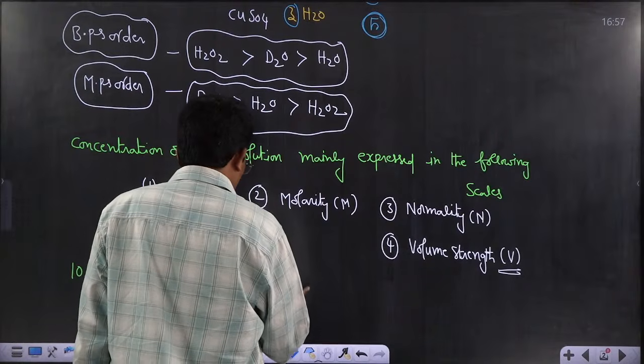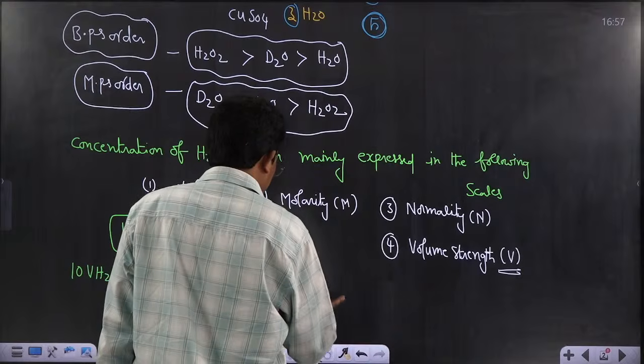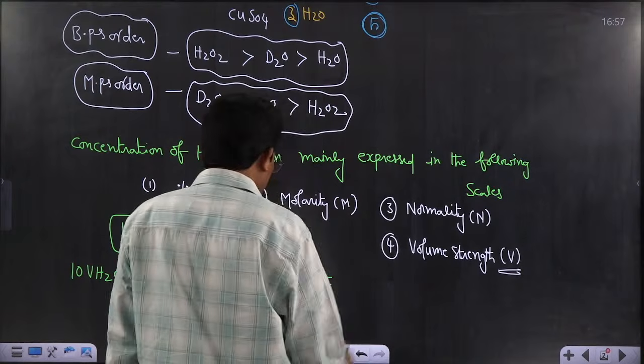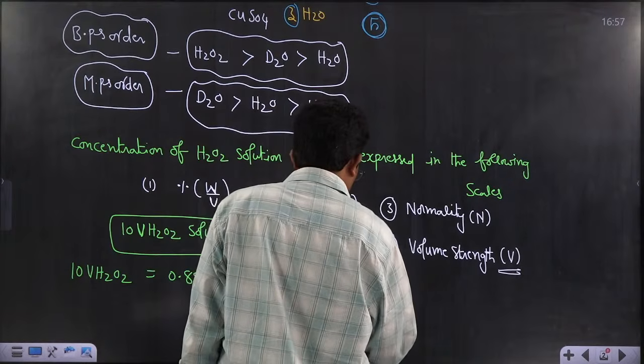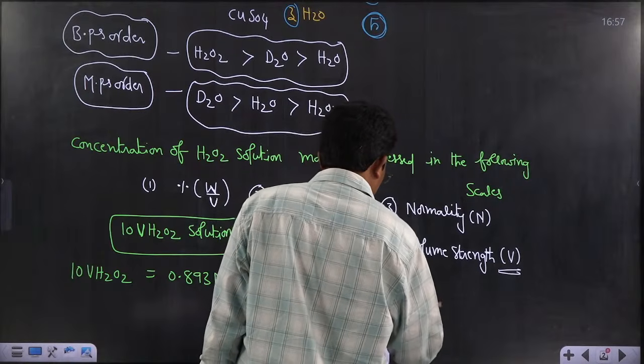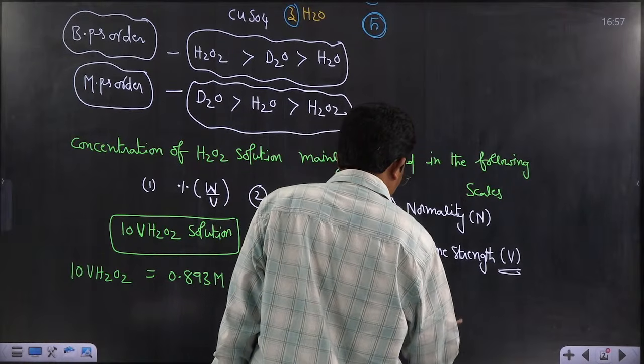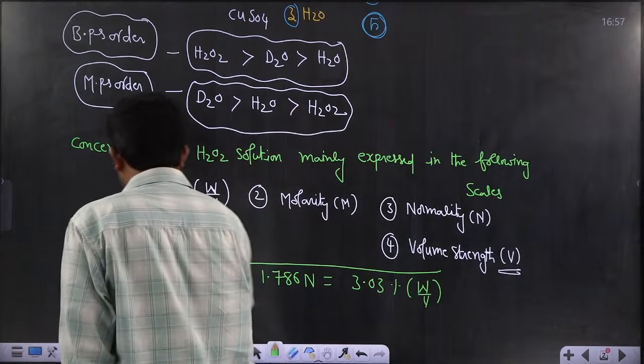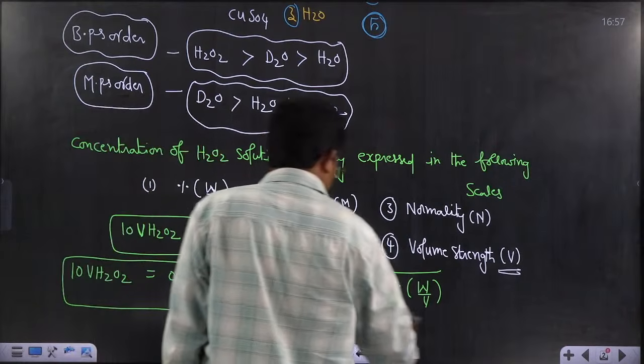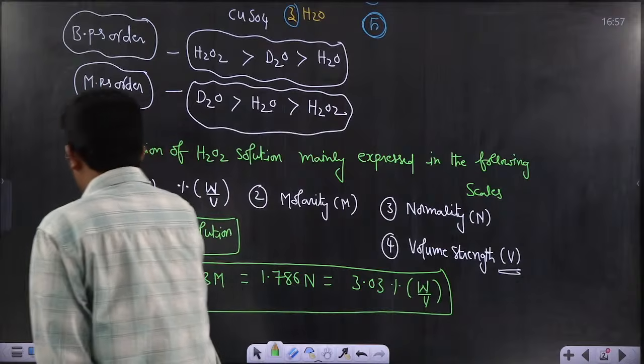Normality is doubled, 1.786 normal. Percent weight by volume is around 3.03. Okay, it is the important relation.